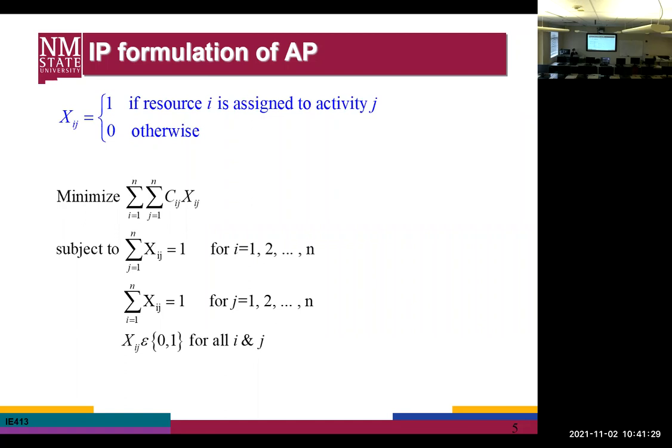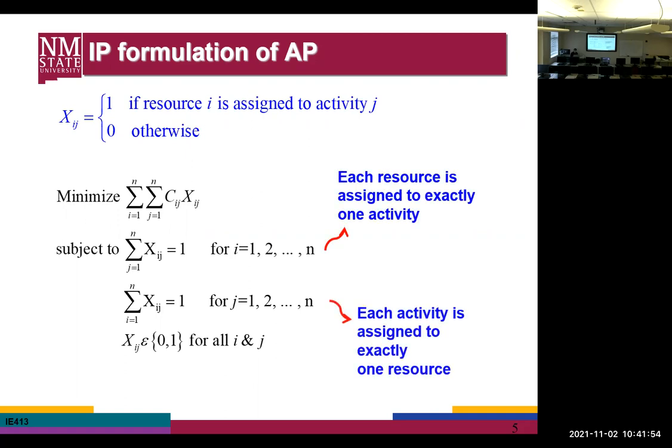First we define the decision variable x_ij equals 1 if resource i is assigned to activity j and 0 otherwise. Then we can construct the assignment model like this. Again, the objective is to minimize the total cost of assigning every resource to the activities.